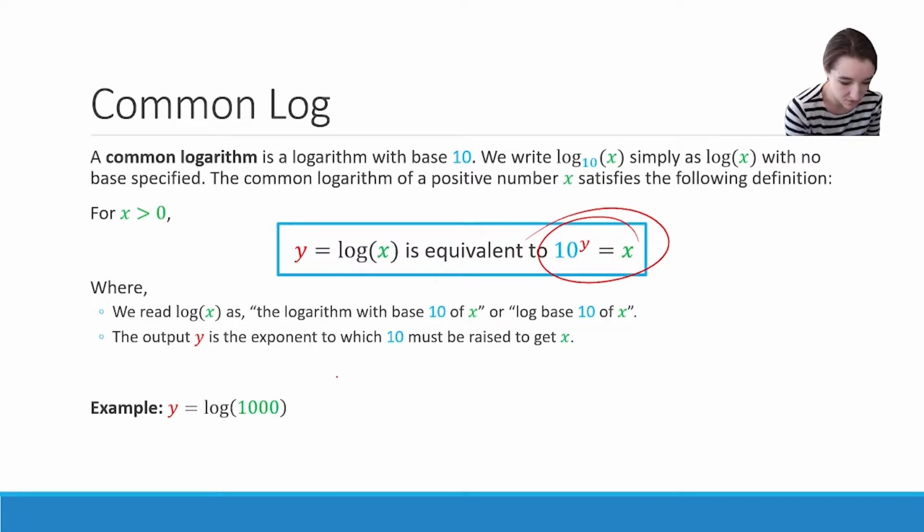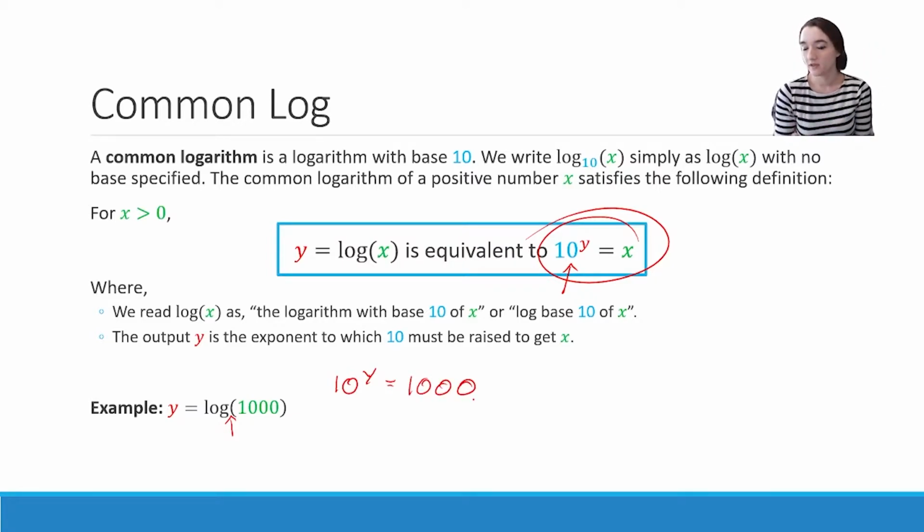So that's going to become 10, because again, even though the base is now not specified, we assume base 10, to the power of y is equal to 1,000. And so, again, we're hoping that this is a number that we can figure out, a known answer. And so 10 to what power equals 1,000?